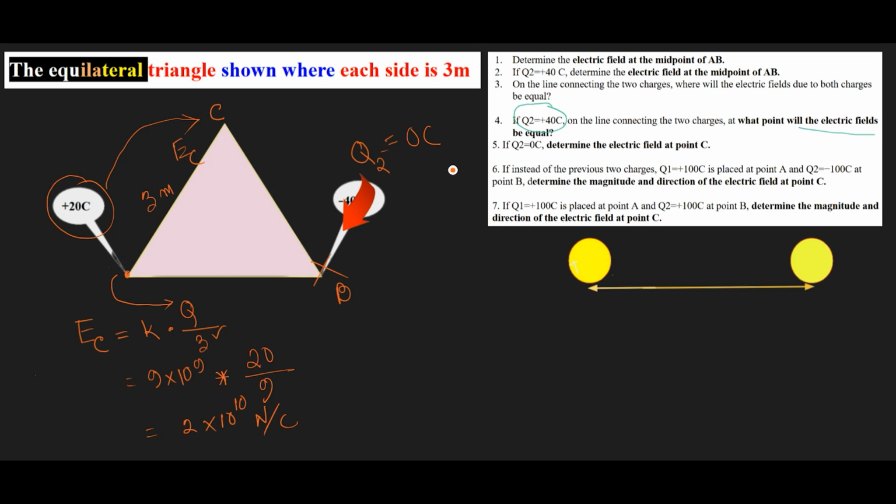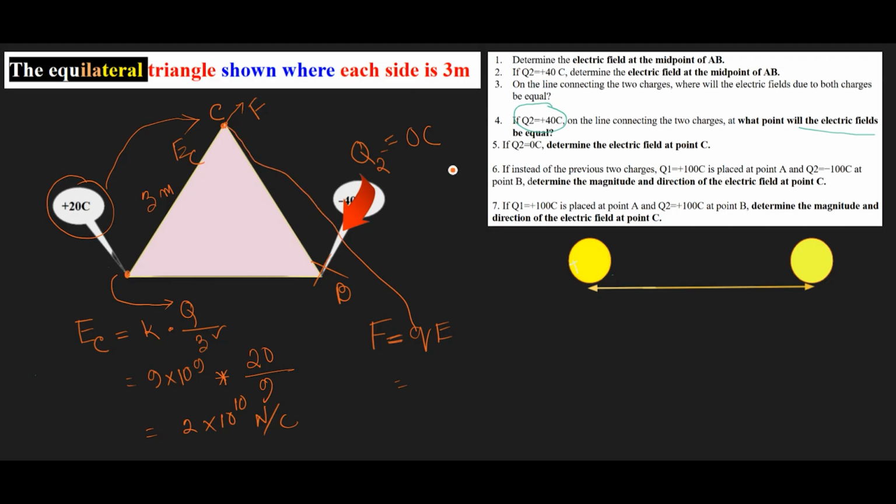If they asked at point C what will be the electrostatic force, in that case force will be qE. So we actually don't know this q, because this q is this one.